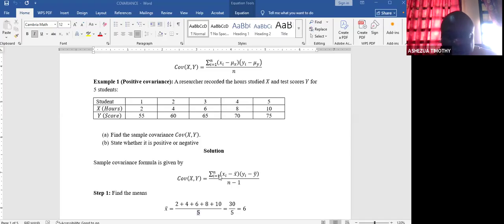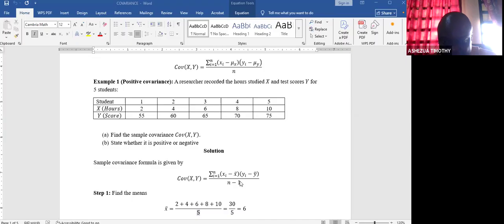In this case, our n here is 1, 2, 3, 4, 5. So n here is 5, and here n is 5.